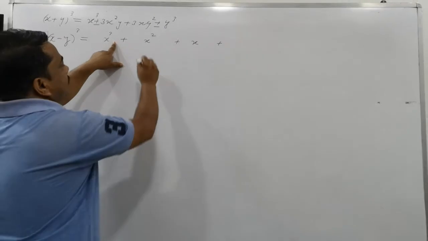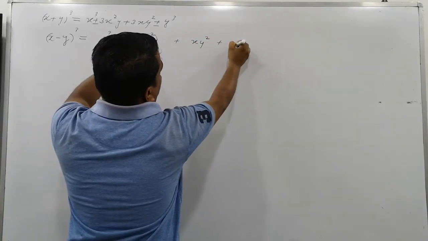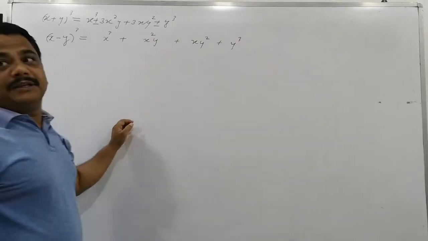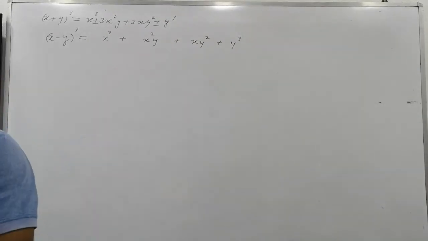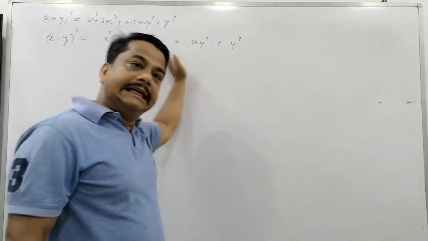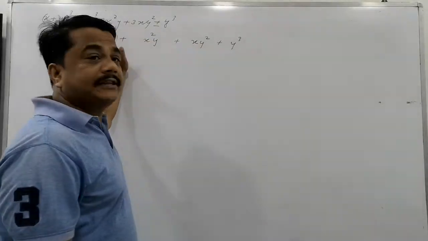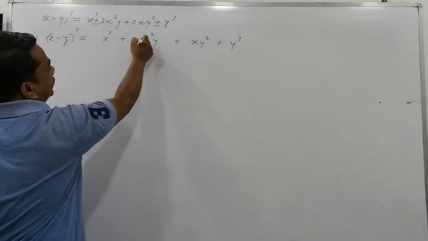Here y power 0, here y to the power 1, here y to the power 2, here y to the power 3. It is the expansion with the power of the first term decreasing and the power of the second term increasing. From the left side the power of x decreases, and the power of y increases. Is that clear?